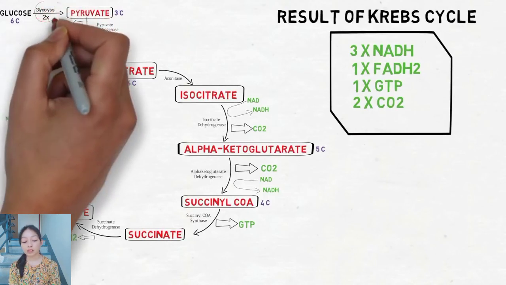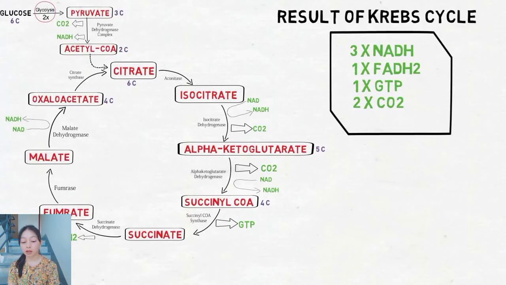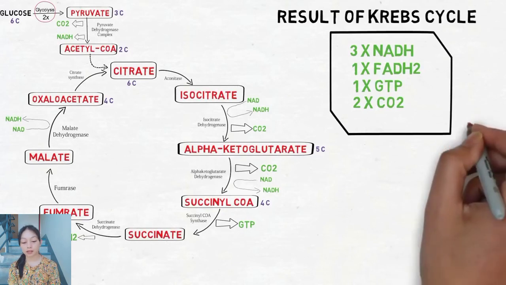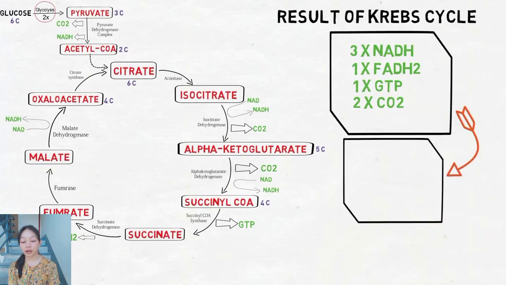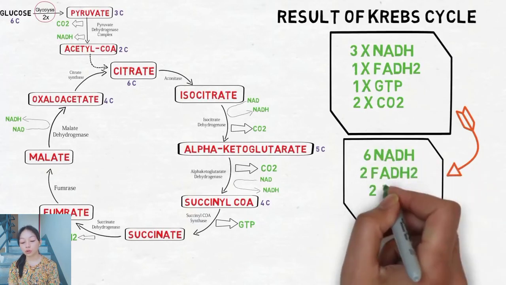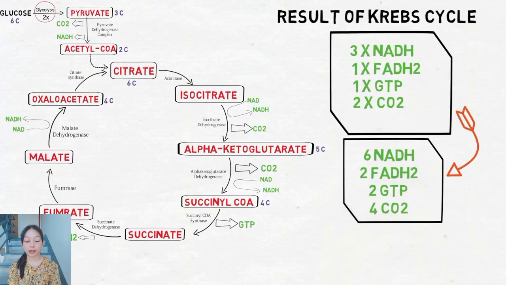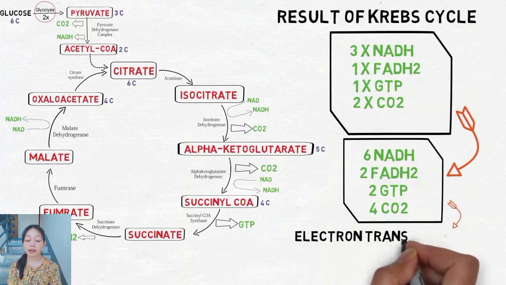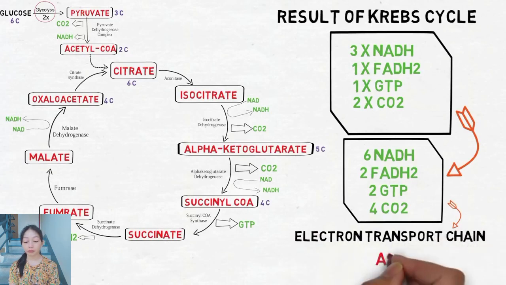Since glucose is split into 2 pyruvate compounds, for each molecule of glucose this cycle runs twice. Hence, the products formed are 6 NADH, 2 FADH2, 2 GTP, and 4 carbon dioxide. All the NADH and FADH2 are next fed to the electron transport chain for the generation of ATP.